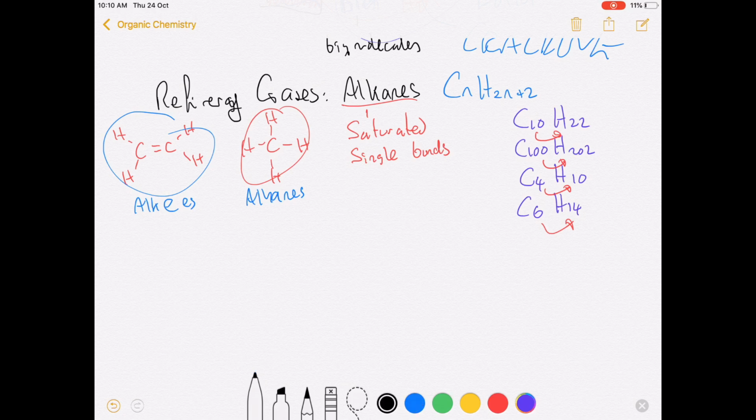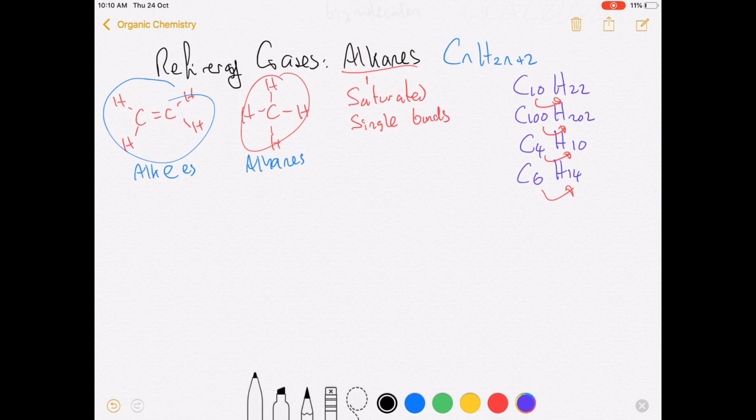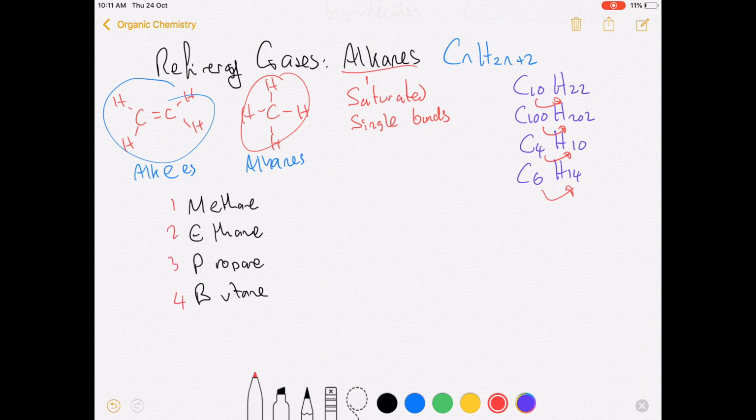I'm Mr. Midgley, and what I teach my students is the first 4 alkanes, which you need to know for success at iGCSE Coordinated Science: methane, ethane, propane, and butane. In terms of number of carbons, that's 1, 2, 3, and 4.